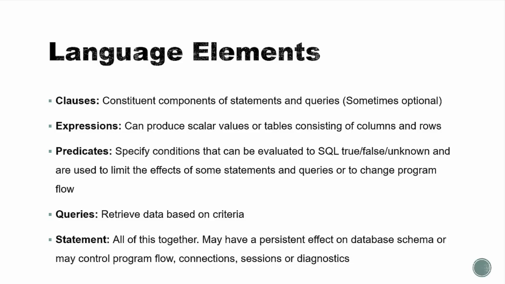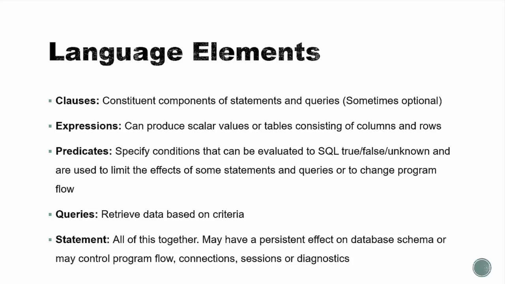So some of the language elements, we have clauses, which are constituent components of statements and queries, and these are sometimes optional. So something like a where clause. Expressions, which can produce scalar values or tables consisting of columns and rows.